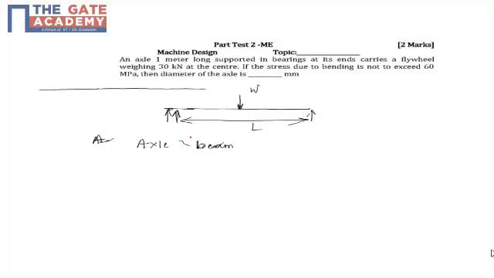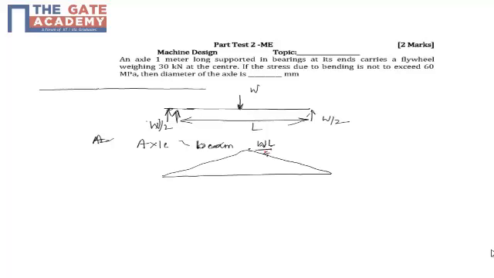If you recall, because you have a concentrated load W, the reactions will be W by 2 and W by 2, and when you take W by 2 into L by 2, this value will be WL by 4. This is the bending moment diagram.